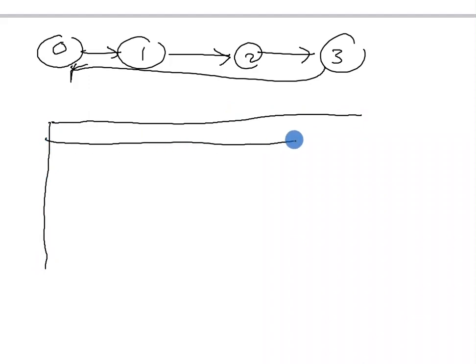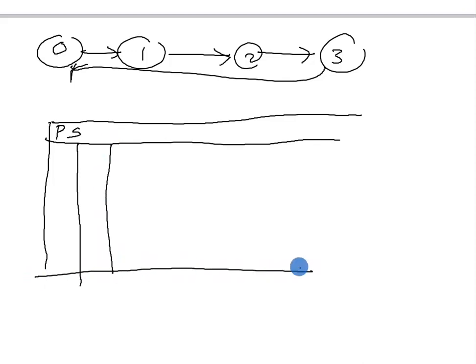Previous state, present state, then next state. The largest number that we are going to present is 3, so we need only 2 bits.